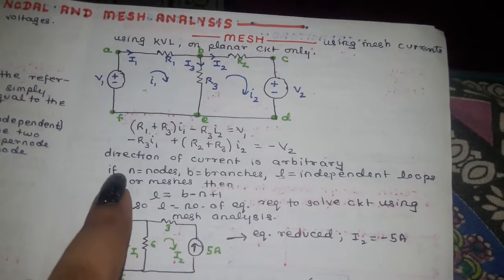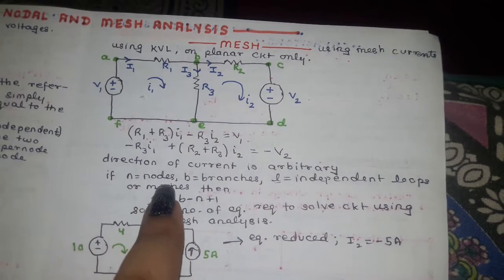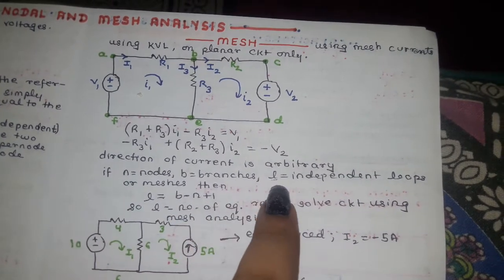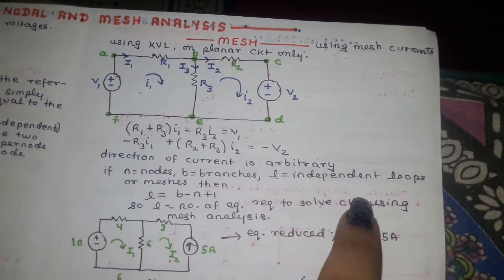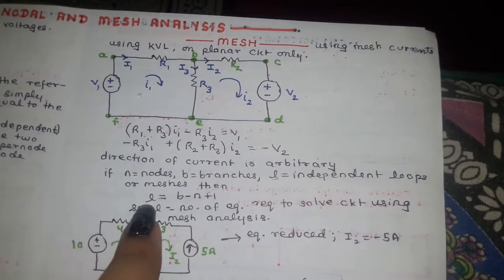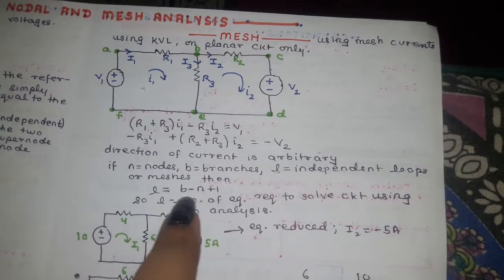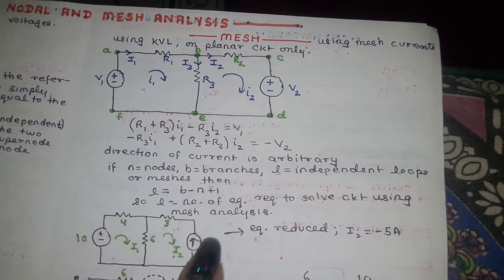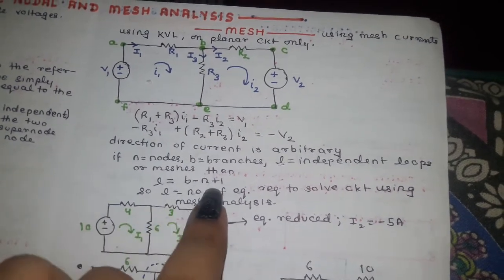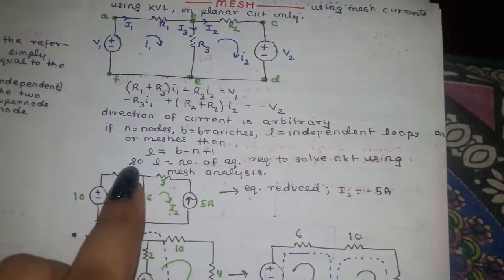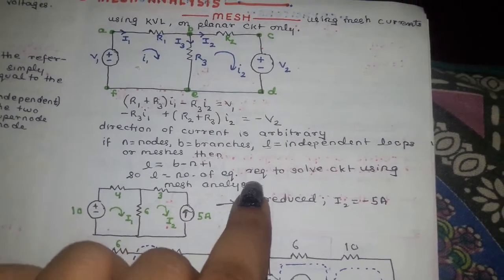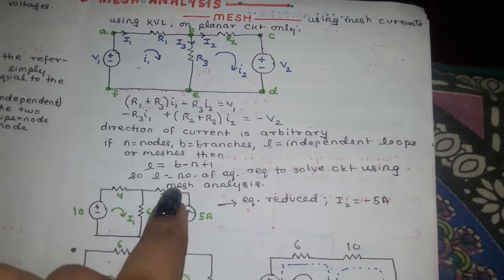Now, if n is the number of nodes, b is the number of branches and l is the number of independent loops or meshes, then l equals b minus n plus 1. This is a question that has been asked in previous years' ESC prelims. These are the small things you need to remember. Now, l is the number of equations required to solve a circuit using mesh analysis.